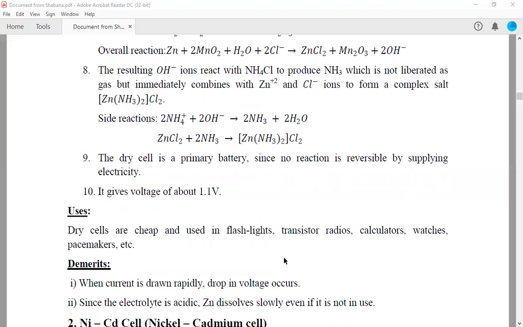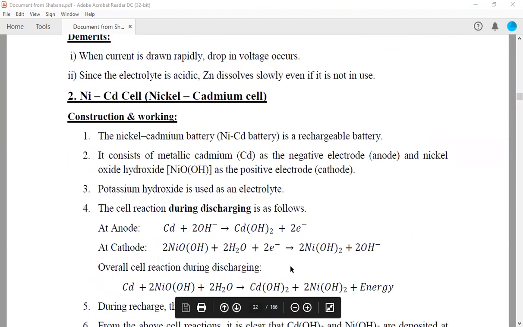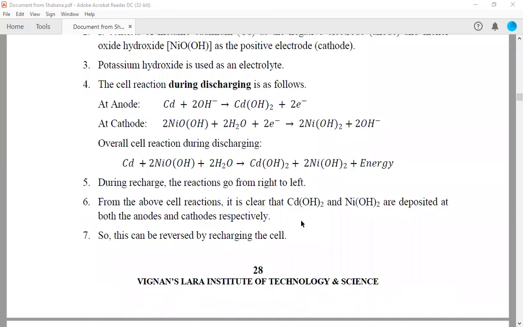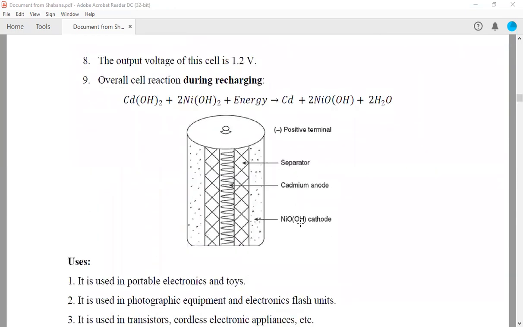Coming to the next cell, that is the nickel cadmium battery. This nickel cadmium battery is a rechargeable battery, also known as a secondary battery or secondary cell. So this is the construction of the nickel cadmium battery.